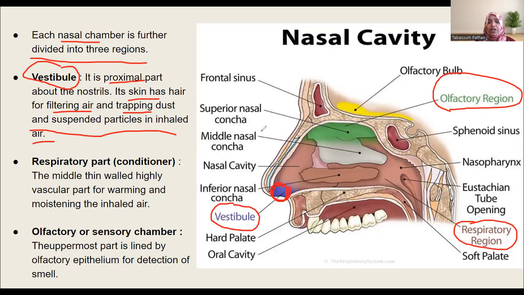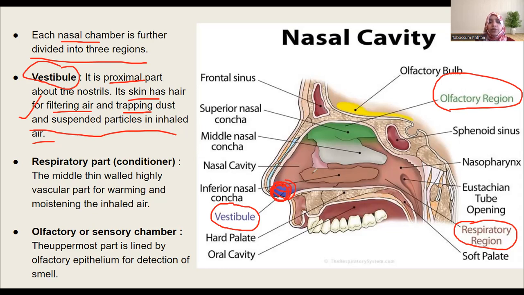As we just mentioned, we were talking about the ciliated epithelial cells. They are mostly concentrated in the vestibular region, present at the tip of the nose, for filtering air, trapping dust, and getting hold of all the particles that are present in the air. All the impurities are collected over here, and then the pure air is taken forward for breathing.